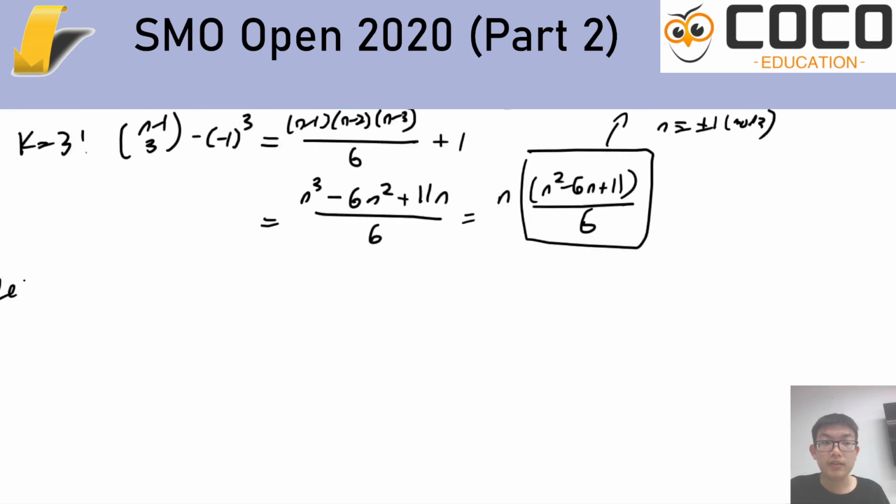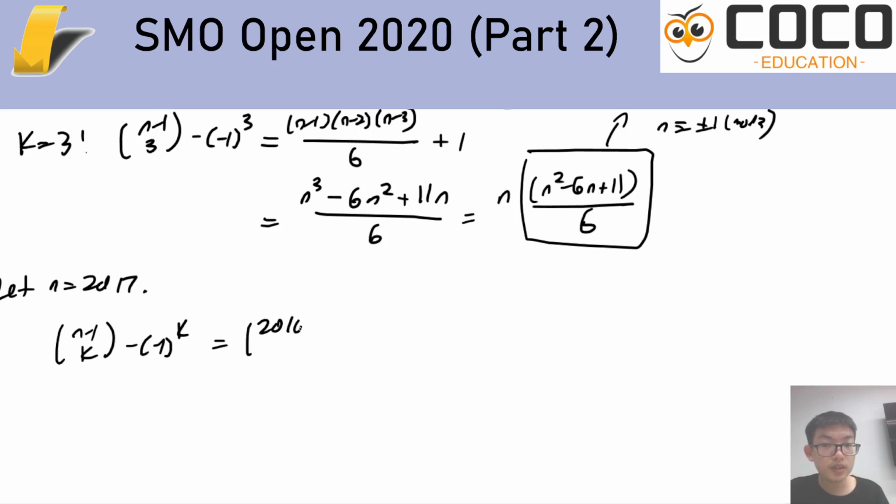So let's test that out. Let n equal 2017. And now I am looking at n minus 1 choose k, where n is 2017. I am just going to write down all this stuff here.